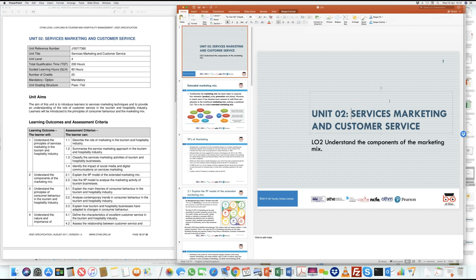The second part of the learning outcome, which is the assessment criteria 2.2, actually looks at applying this extended marketing mix to a particular organization in this sector or a business within this sector. And we look at this very briefly, so this is more of an exercise, and I'll give you an idea towards the end of the session in terms of how to address this. But the idea would be to show its application, what we are studying in terms of the marketing mix, the 9 P's.